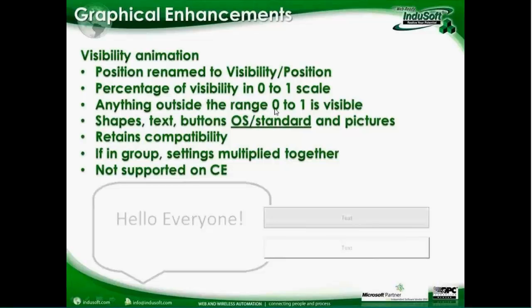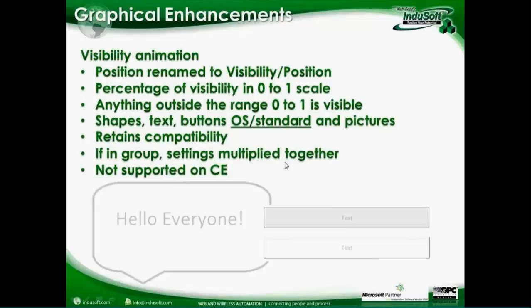By keeping the 0 and 1 as hide and show, we've retained compatibility, which is pretty nice. All your existing applications will work just as they did, and now you can add this as you need to get transparency if you want to. If this is in a group, the settings will be multiplied together.